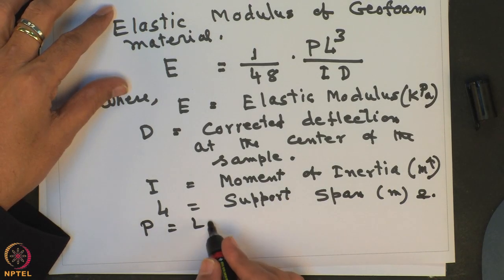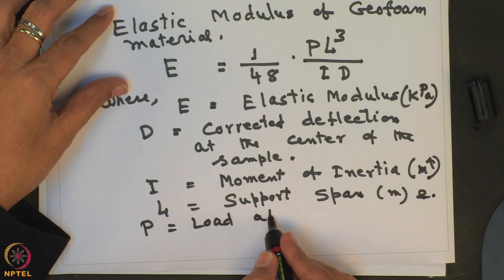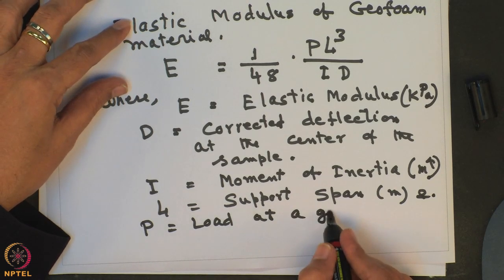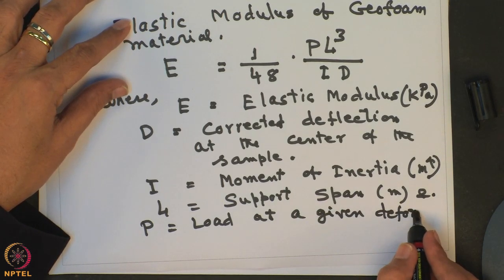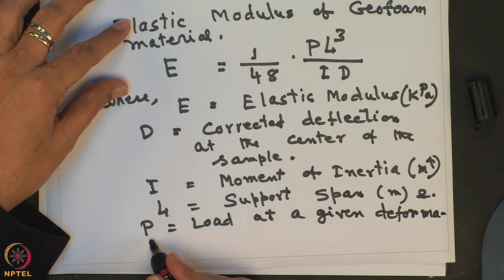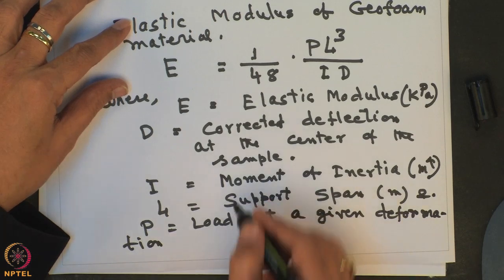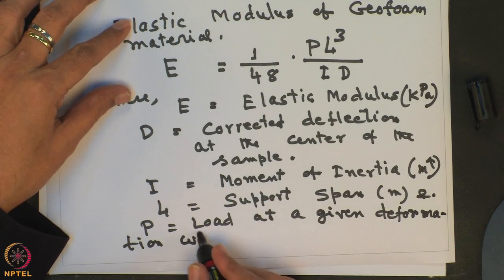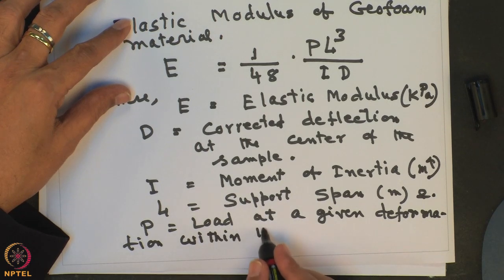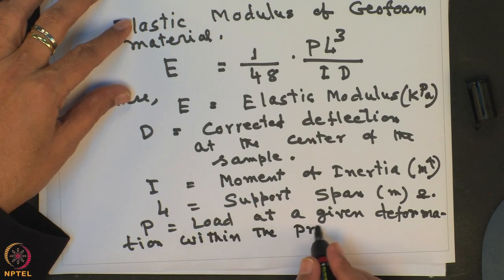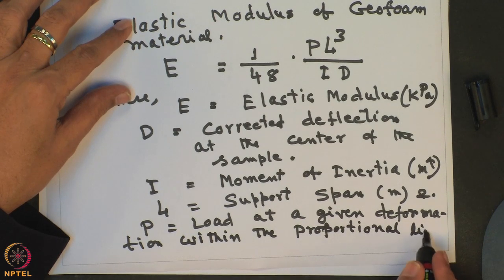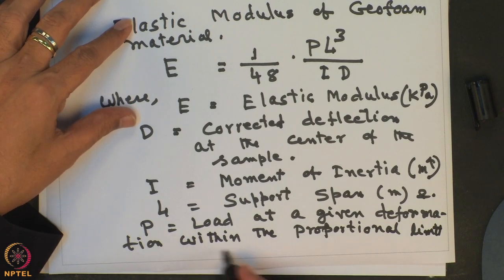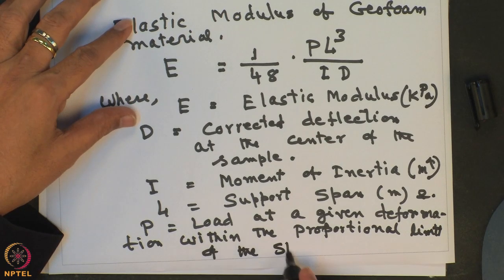So, P is equal to load at a given deformation within the proportional limit of the span, and that is in Newton.